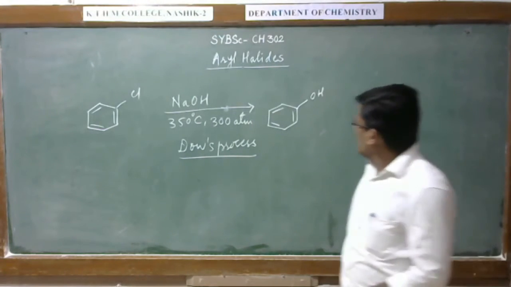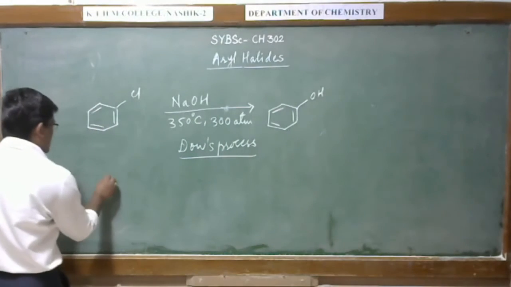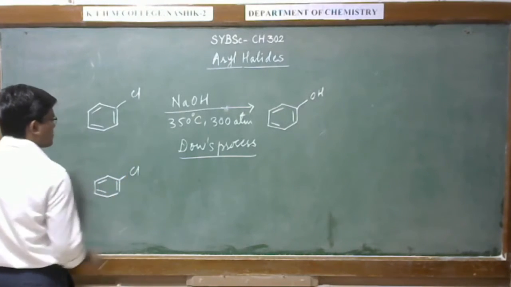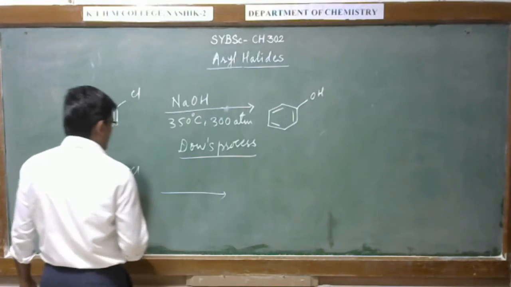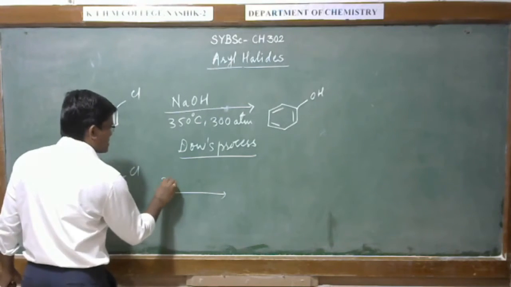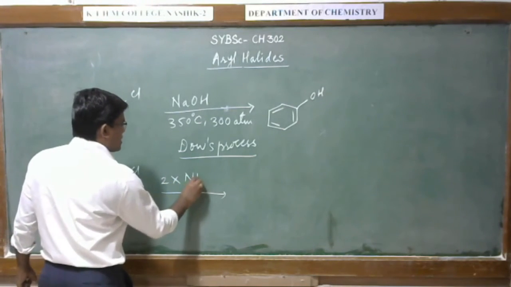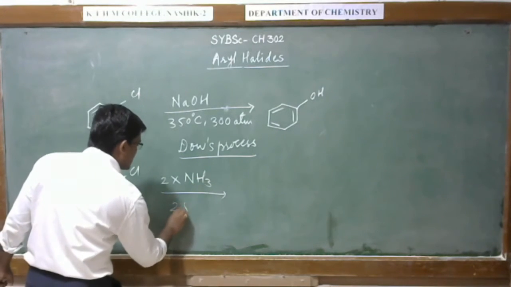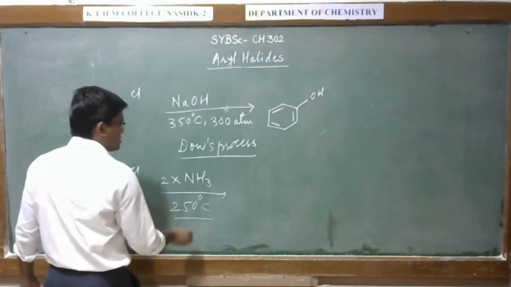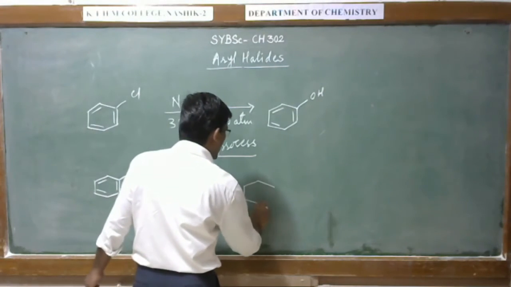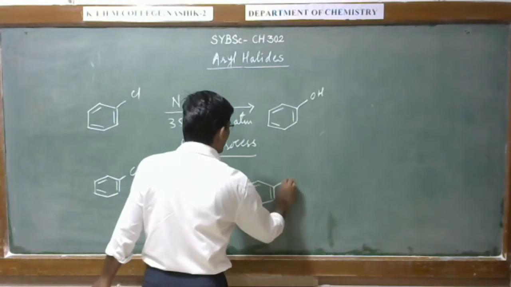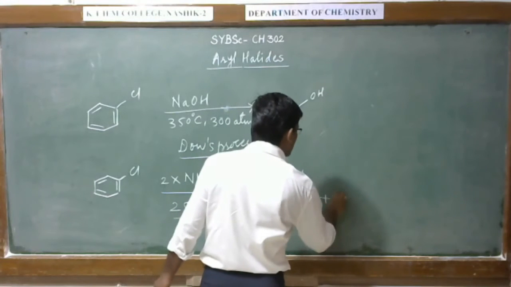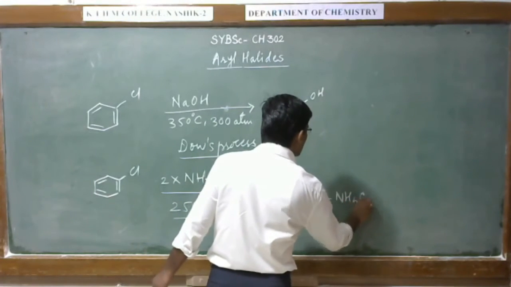Similarly, aniline can also be prepared from the halobenzene. When it reacts with ammonia at around 250 degrees Celsius, it gives aniline, along with ammonium chloride.